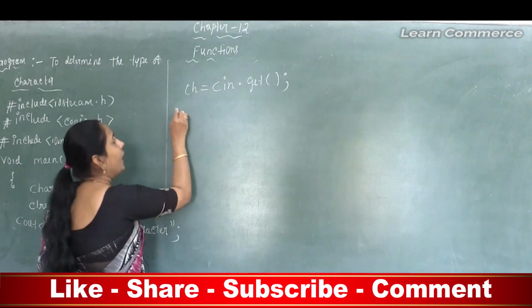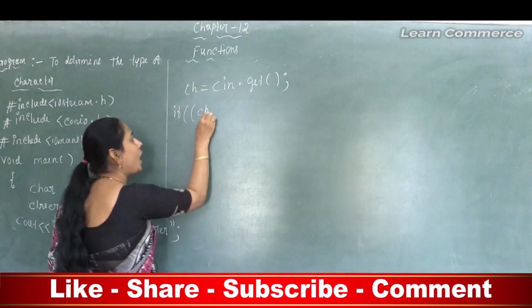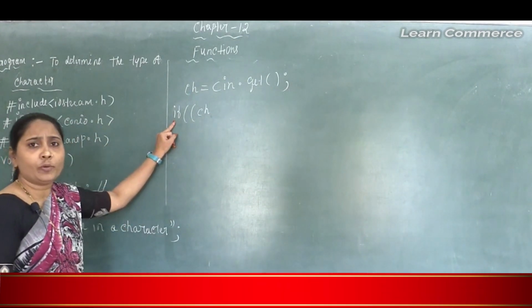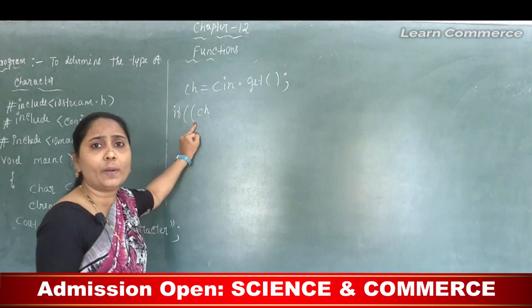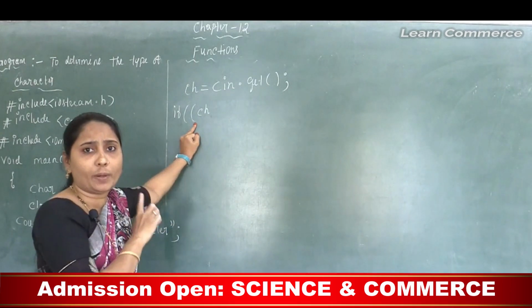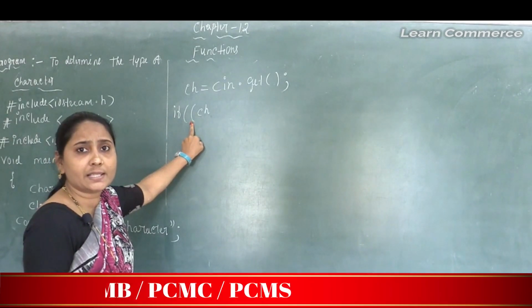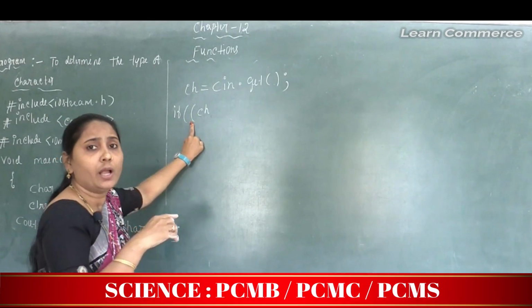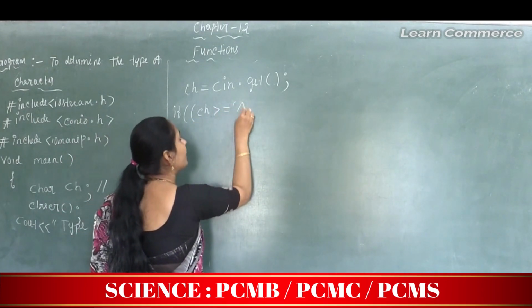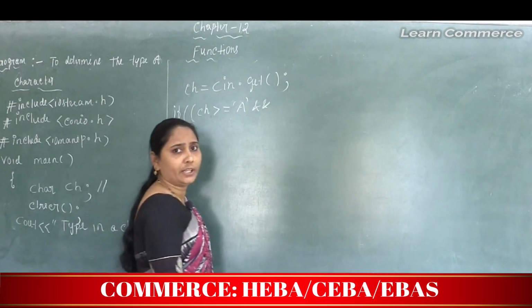Clear this one here. Next, now I am going to check which type of character it is. So how am I going to use the condition? I am using if, and I open the parenthesis bracket twice. After if, two times I open the parenthesis. So ch greater than or equal to capital letter A, and that means two conditions are done.